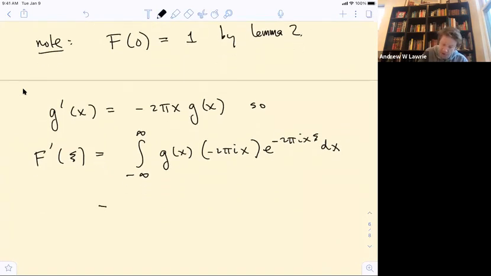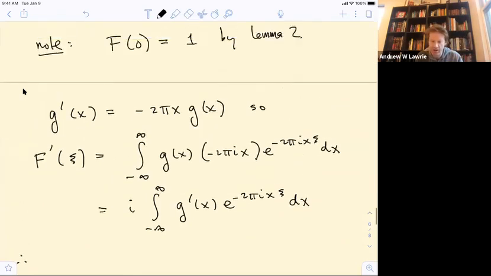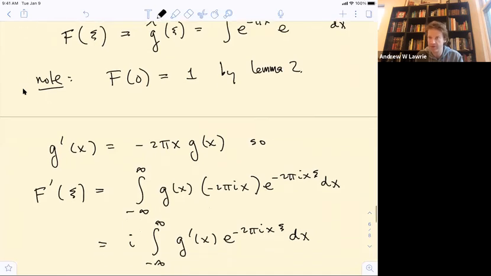This is equal to i times the integral from minus infinity to infinity of g prime of x e to the minus 2 pi i x c dx. Let me refine my reason why this argument is a little bit less elegant than the contour integration one: this is a clever argument too. This argument has some cleverness in it.